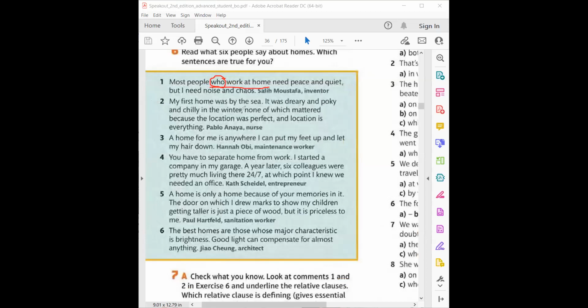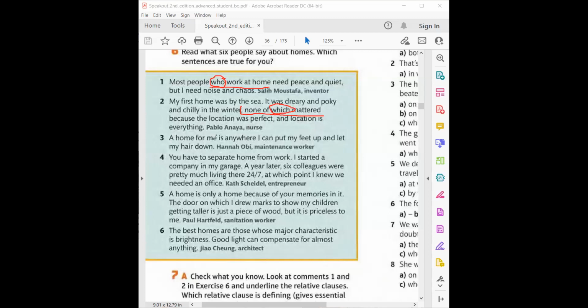Yes, none of which. This is the relative clause, and the location is everything. And which is here the relative pronoun. Thank you. What about number 3?